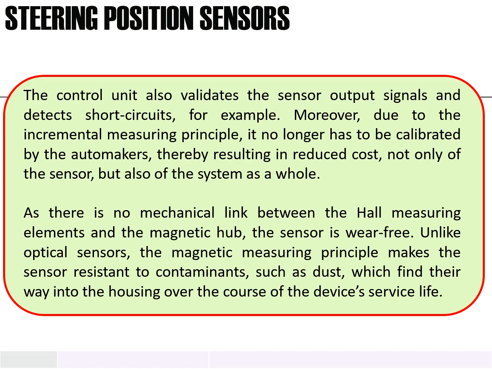This is a significant advantage in automotive applications because the steering system may operate for a very large number of cycles throughout the vehicle's lifetime. The magnetic sensing principle also provides resistance to contaminants such as dust that may enter the sensing housing. Therefore, the non-contact magnetic principle contributes to the reliability and durability of the sensor.